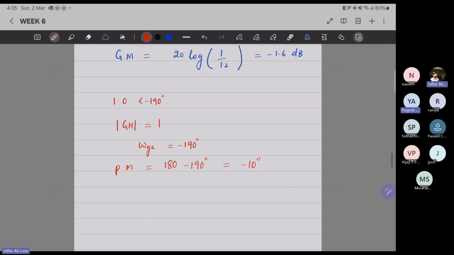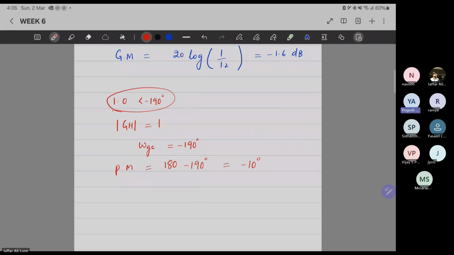Since both are negative... Gain crossover frequency should be in radians. Here you are writing omega GC is equal to minus 190. I think at gain crossover frequency, the phase is minus 190, as you want to say. This one is magnitude, minus 190 is the phase contribution.